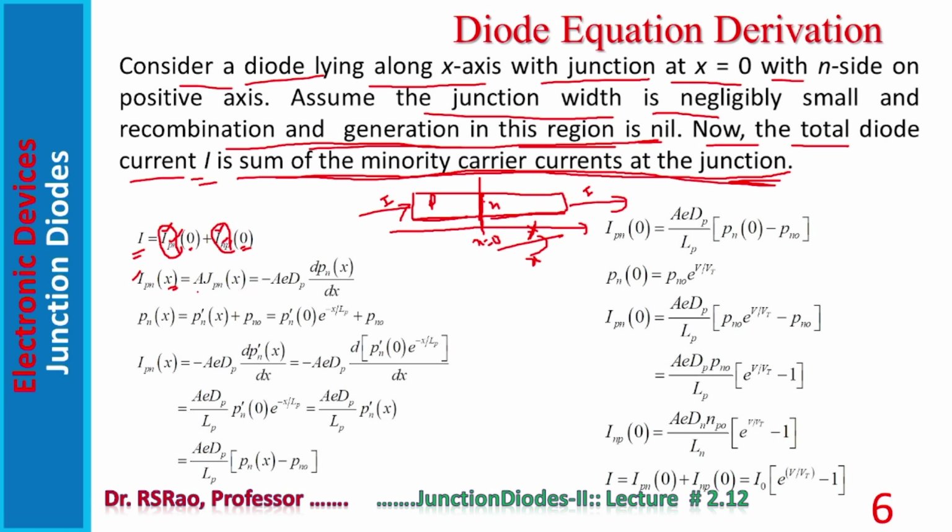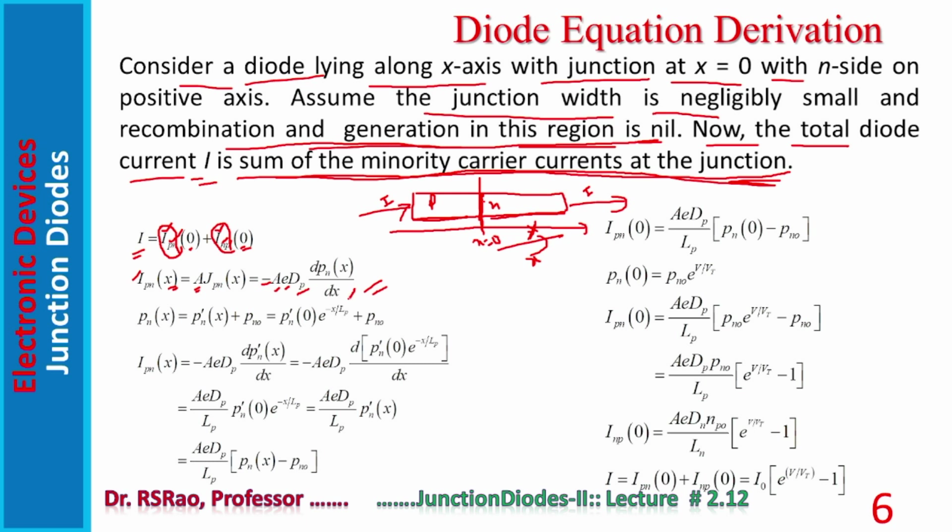It is equal to A JPN(x). A is cross-sectional area. J stands for current density, amperes per meter square. This is equal to minus A e Dp dPn(x)/dx.